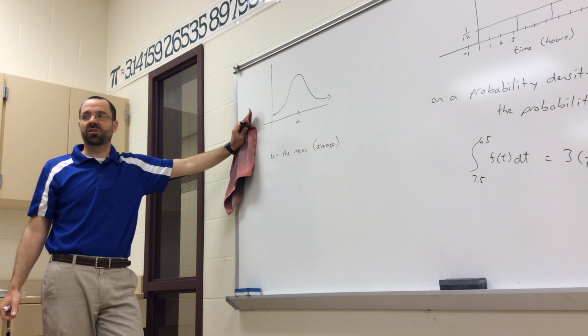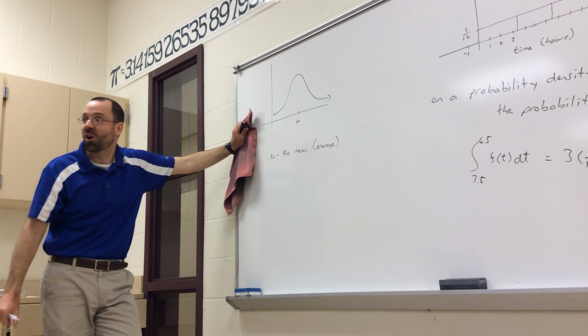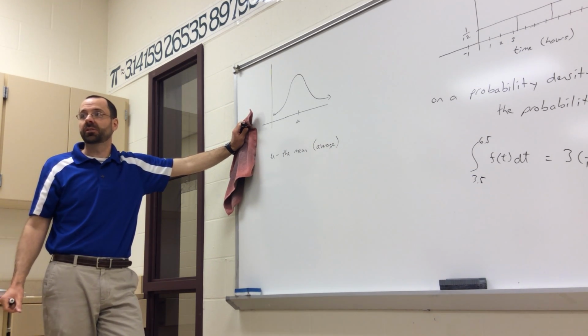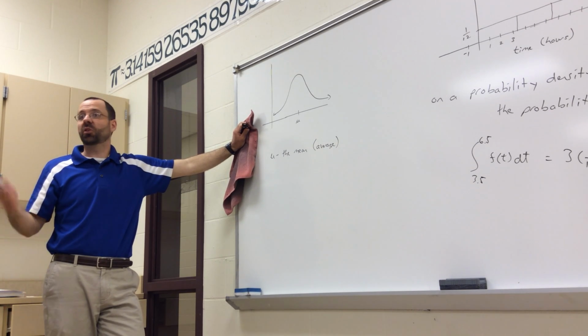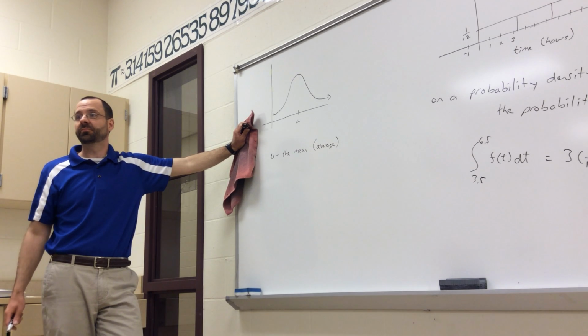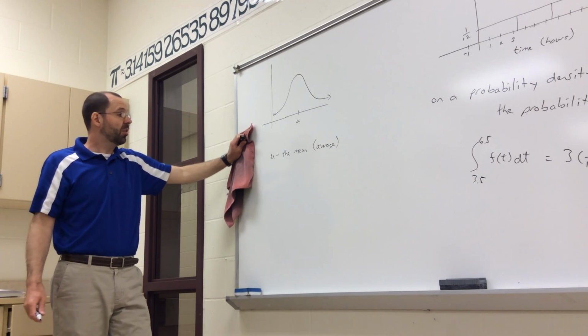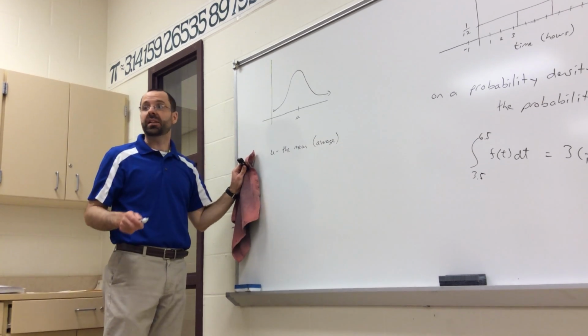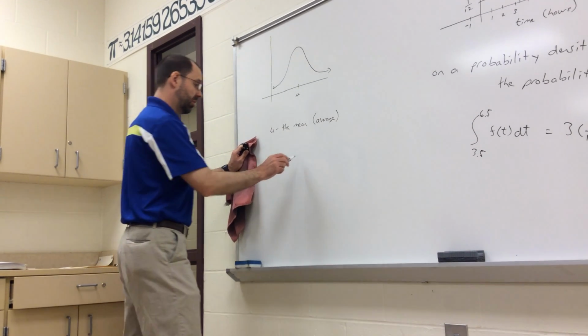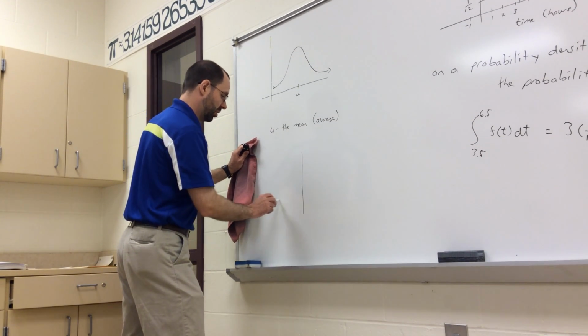But statisticians call it a normal distribution more often. So if you've heard about the bell curve, this is it. Okay, so mu stands for the mean, but the bell curve could be more spread out.